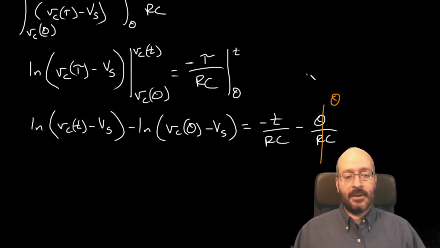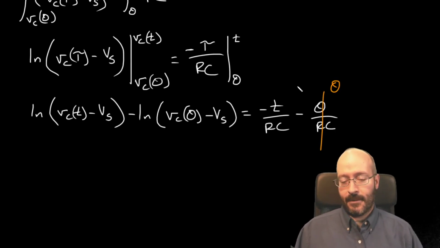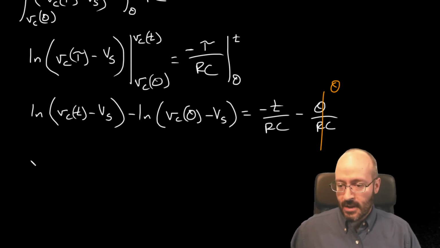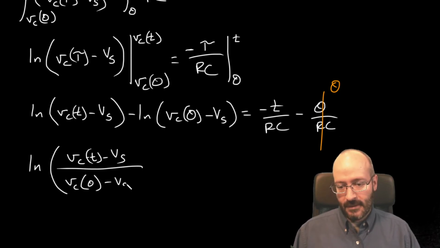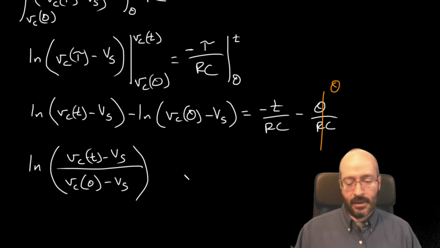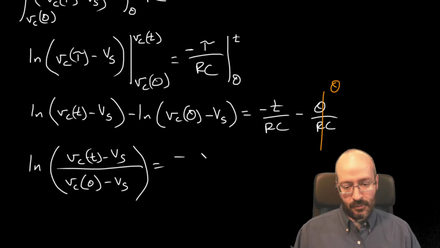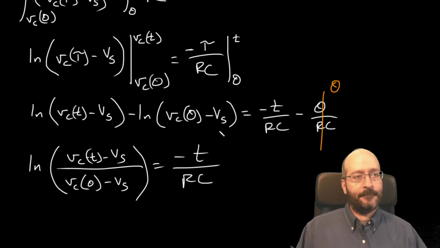We're going to use the same log identity on the left-hand side of the equation and get ourselves down to the log of VC of t minus VS over VC of 0 minus VS. Okay, getting closer. And on the right-hand side, we have negative t over RC.